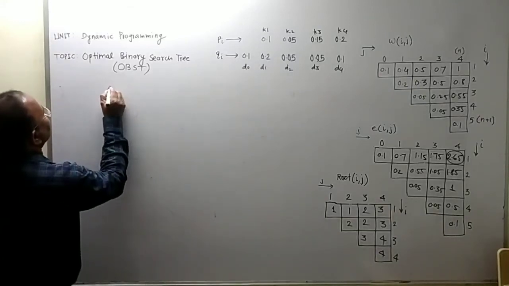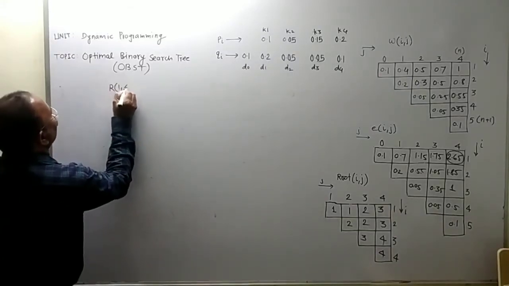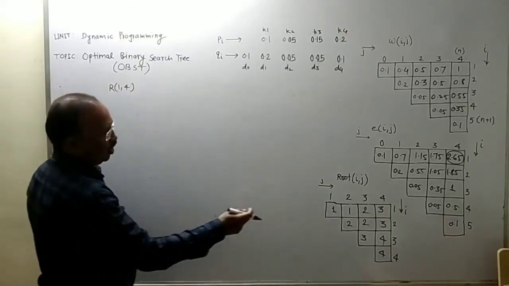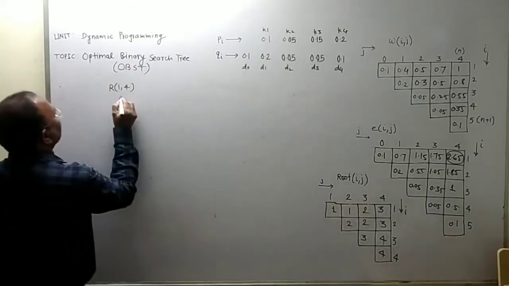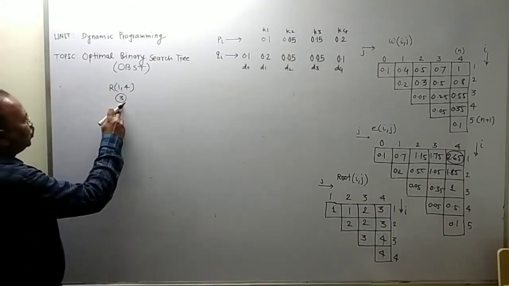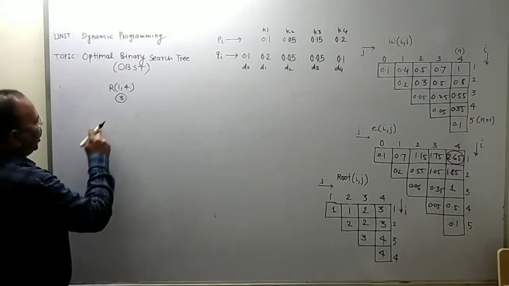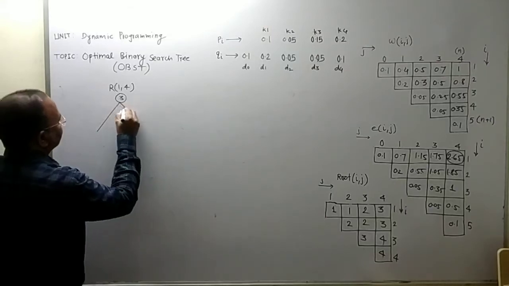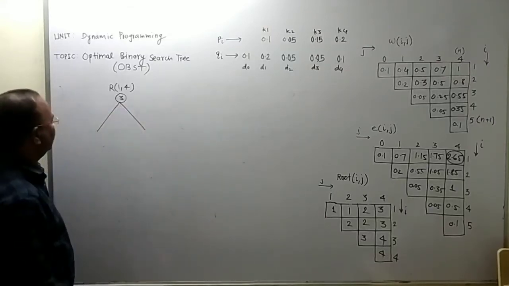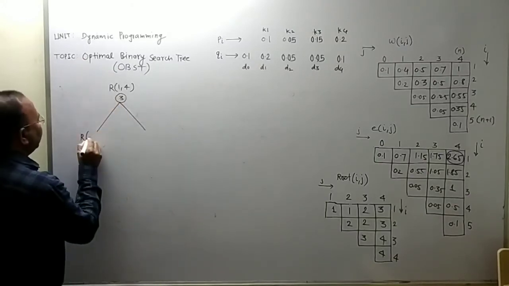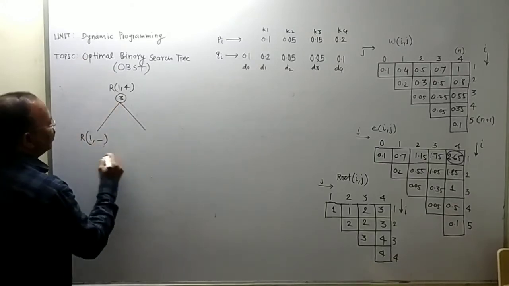It means R14, root 14. At root 14 the value is 3. So there will be 2 children for this parent, that is the left child and the right child. Write 1 here, comma, dash.